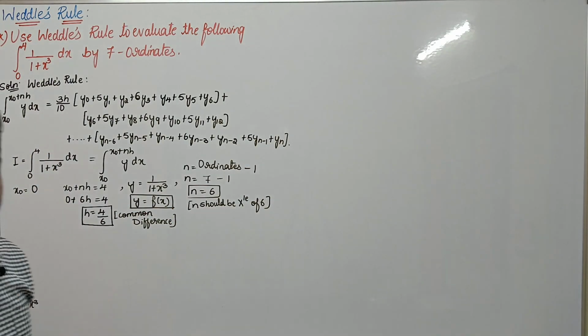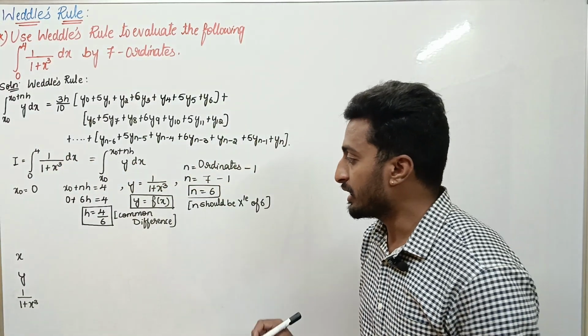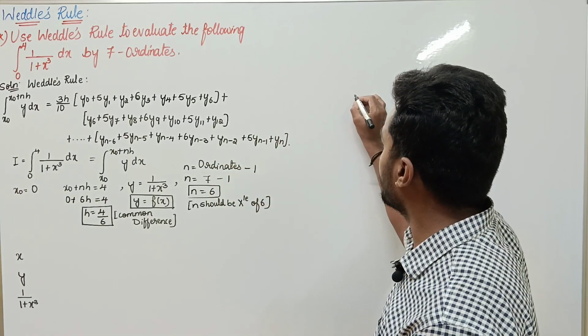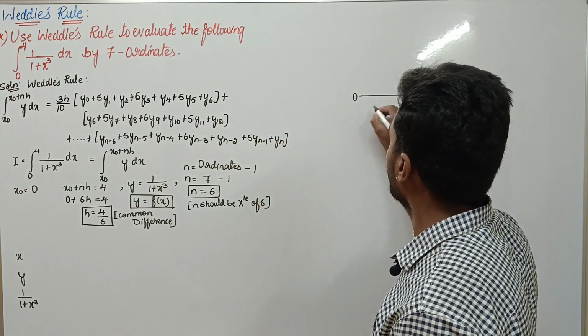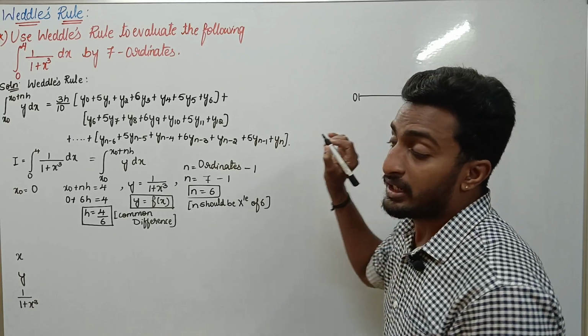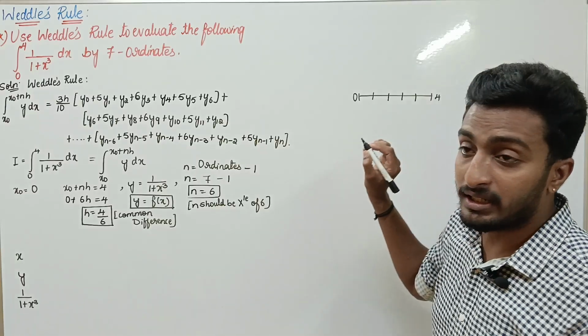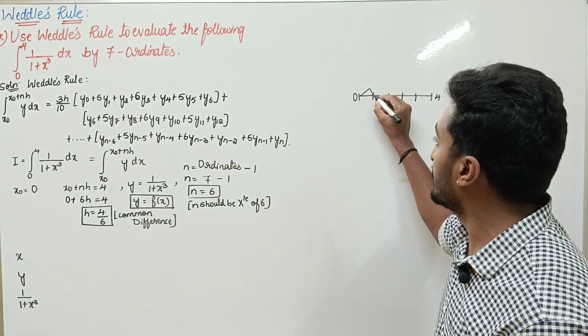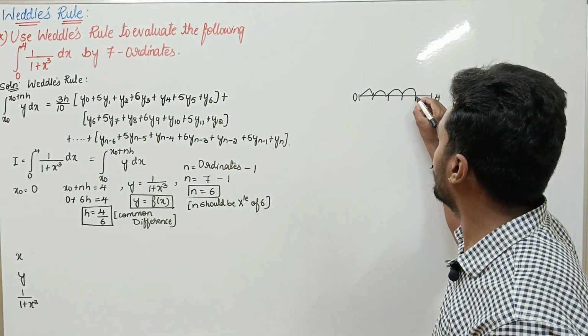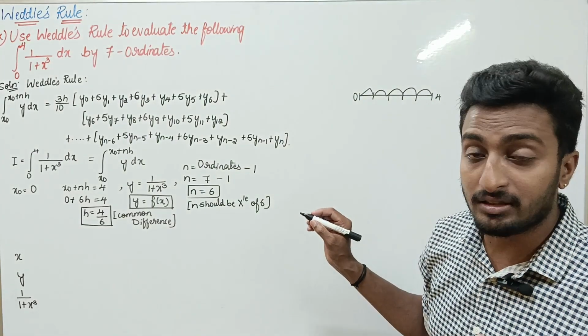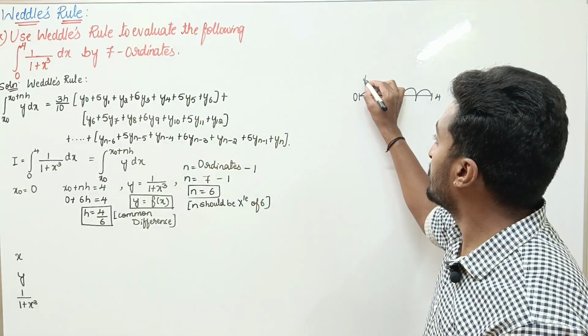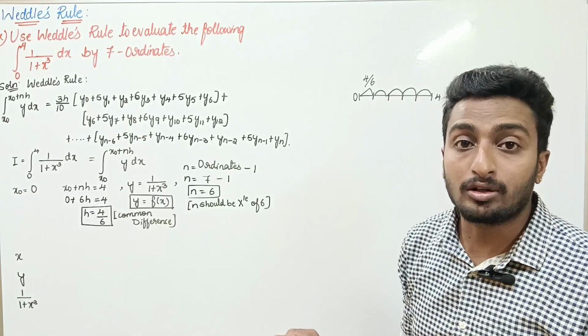Now I need to represent the interval. How to represent the interval? Remember, our interval is starting from 0 to 4. In between this interval, including 0, the common difference should be 4 by 6, or 2 by 3.